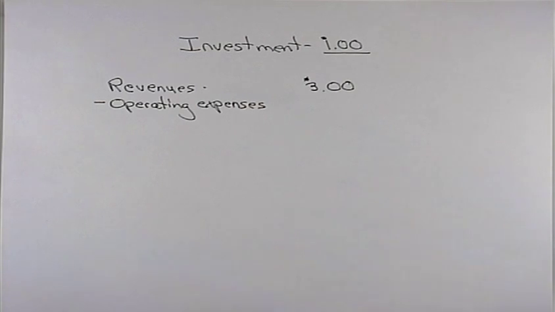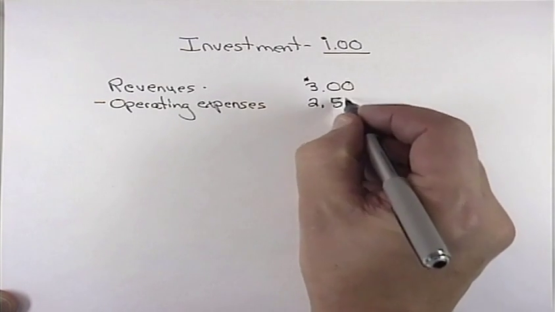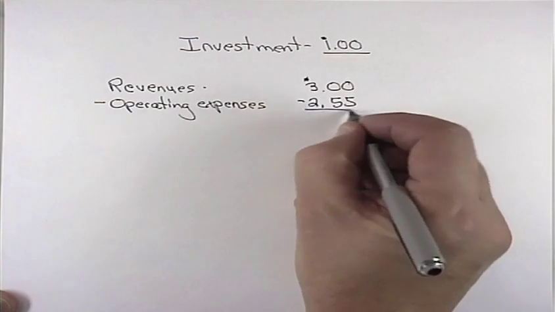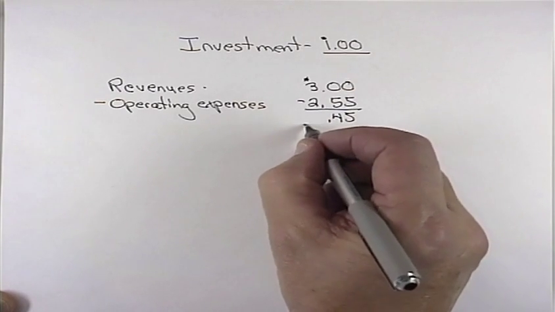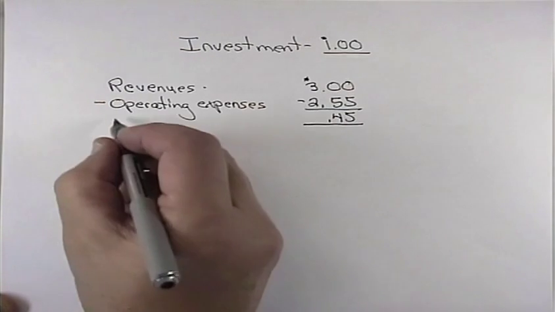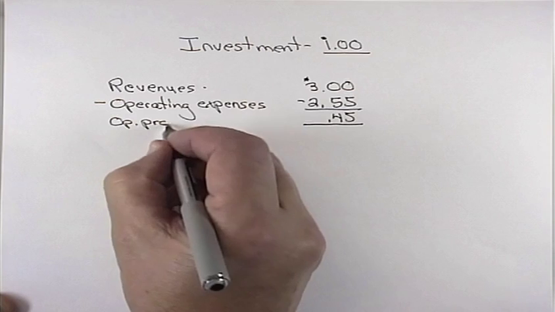This is not miscellaneous stuff, the other category that we run into. And my operating expenses, $2.55. So I had a 45 cents operating, and I'm abbreviating here, operating profit.